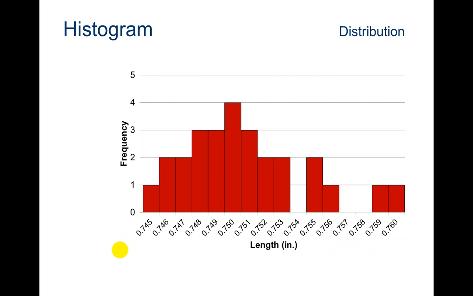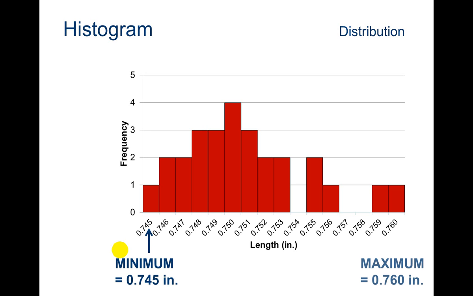This histogram represents the length of 27 nearly identical parts. The minimum measurement was 0.745 inches, and the maximum length measurement was 0.760 inches. Each data value between the minimum and maximum falls within one of the class intervals on the horizontal axis.